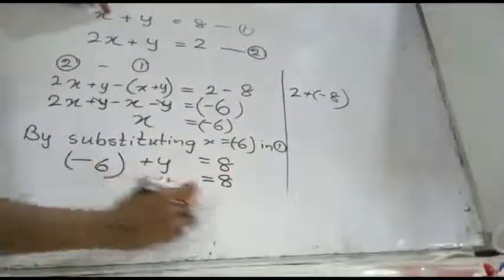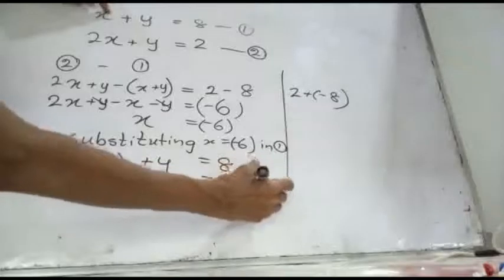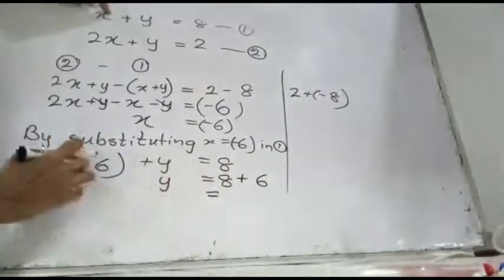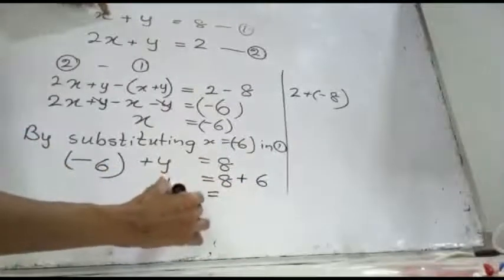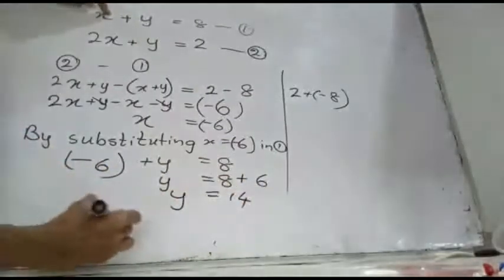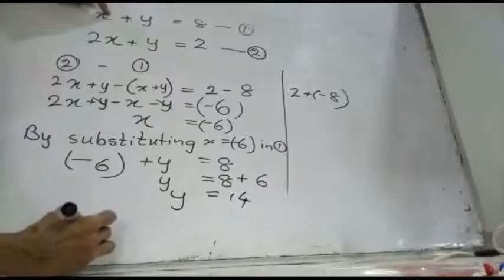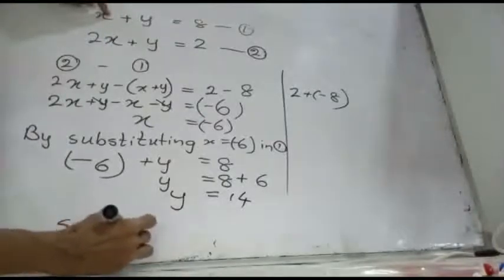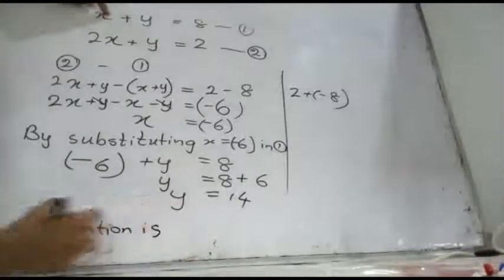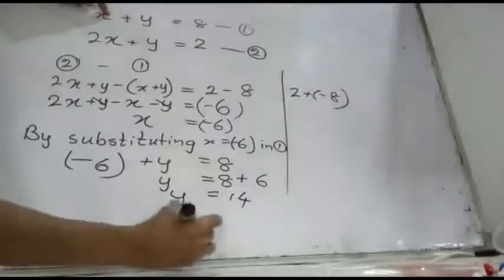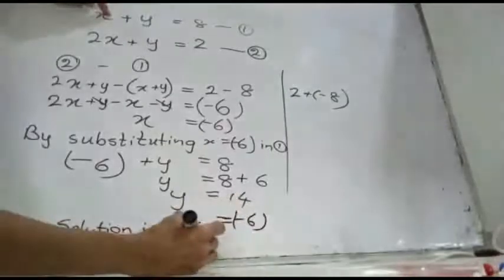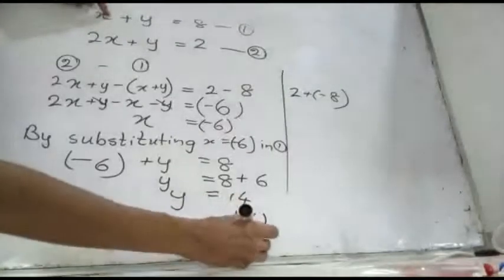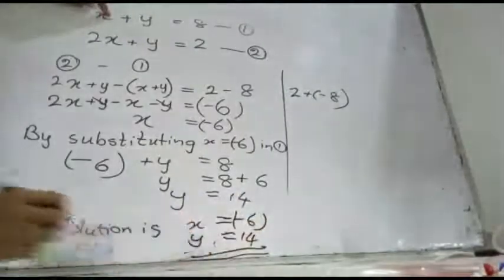We take this negative 6 to the right hand side. It is changed to positive 6. Y is equal to 14. The solution is x is equal to negative 6 and y is equal to 14. We can check the accuracy of the answer.